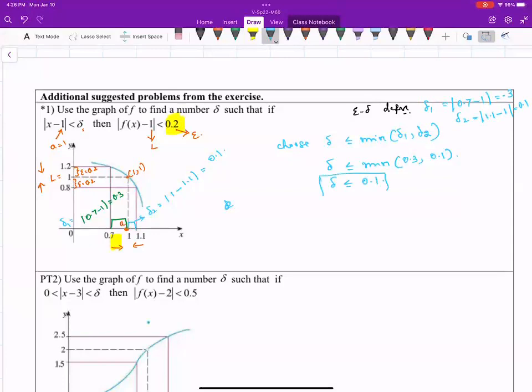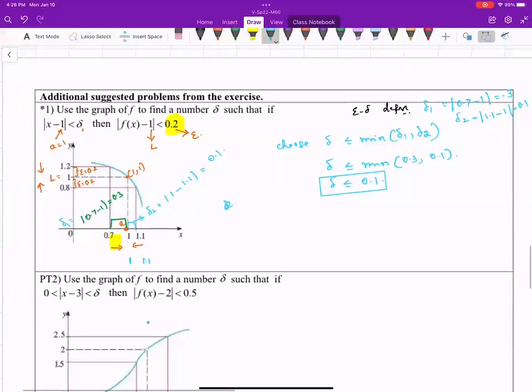You choose the smaller of the two. And if you choose delta smaller than 0.1, you're pretty much making the difference the same, 1.1 here and 0.9 here. If you choose your difference like this, in this neighborhood, this is 0.1.